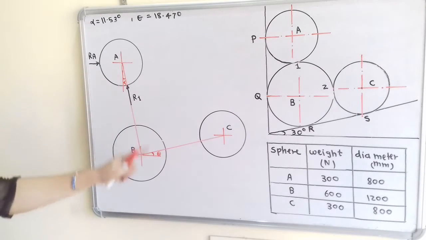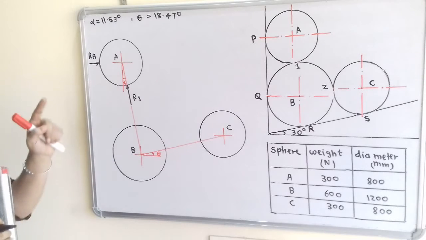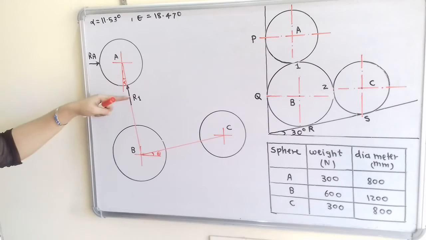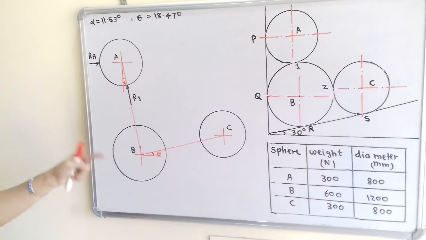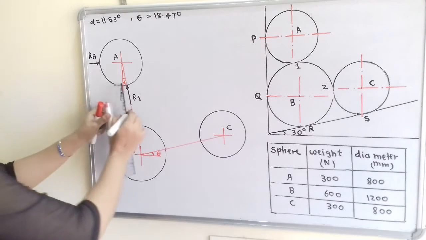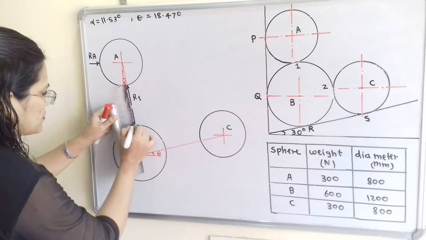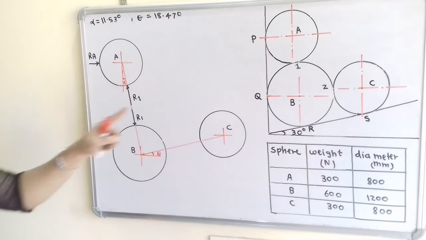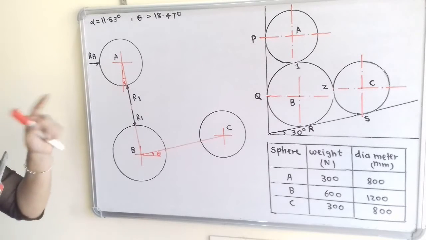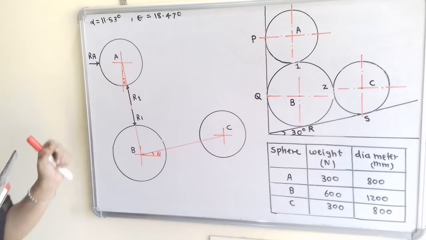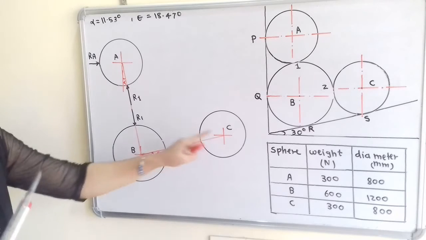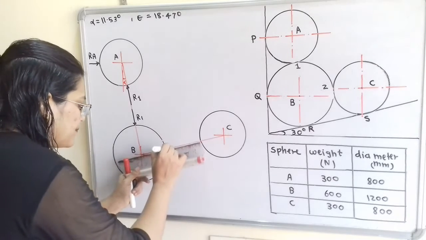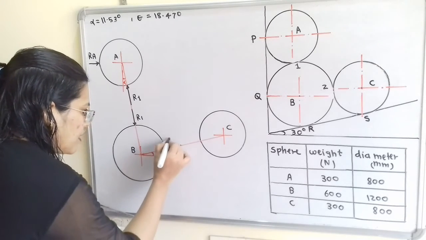Now in the same way we will move to sphere B. Now there is the point of contact between A and B. So R1 we have to show along the same line but in the opposite direction. So I will show here R1. Now B and C are also in contact with each other at point 2. So we have to show reaction R2 along the line BC, and the direction is towards sphere B. So here is R2.